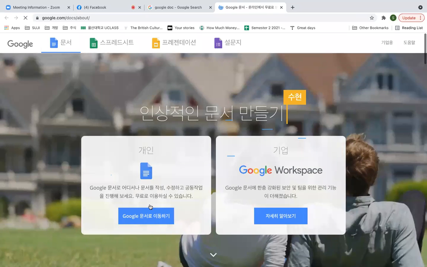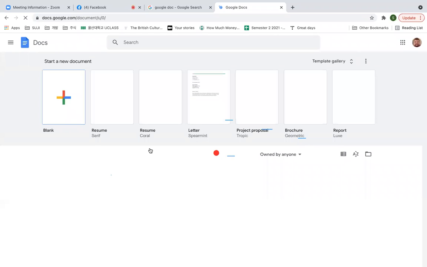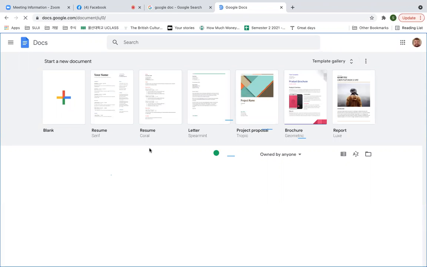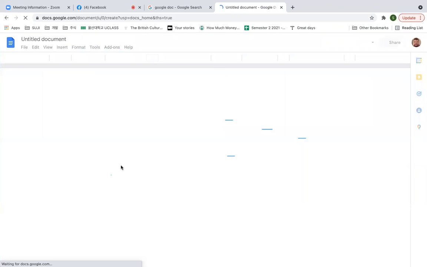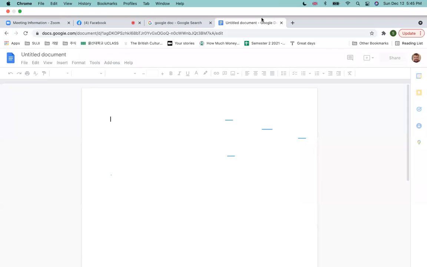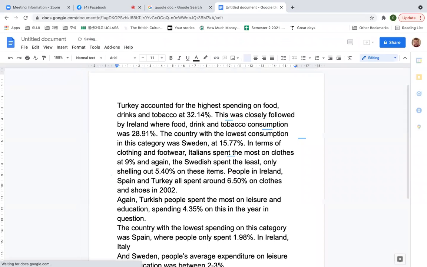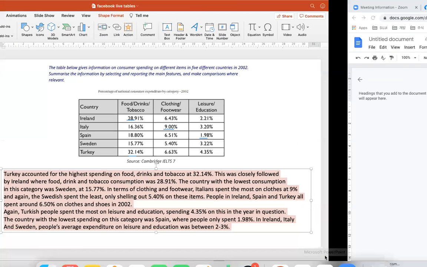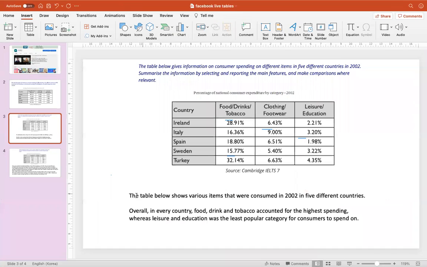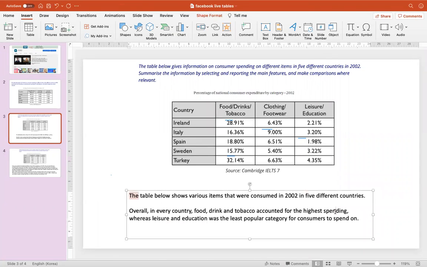There we go. All right, who knows how many words we need to write? Well, the answer is 150. So in this task 1, you need to write 150 words.